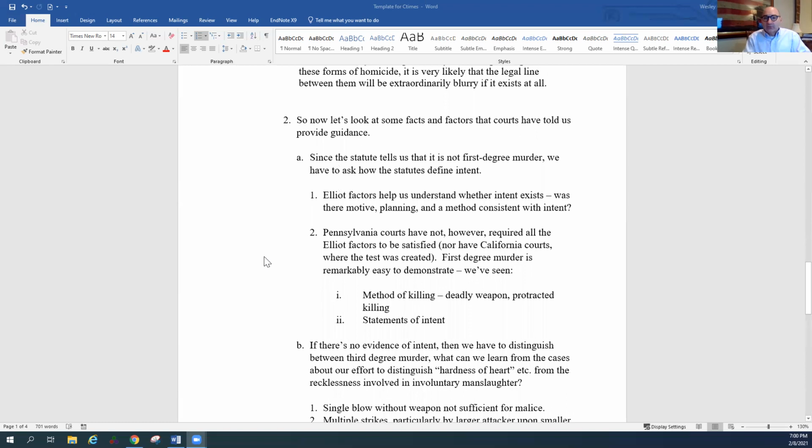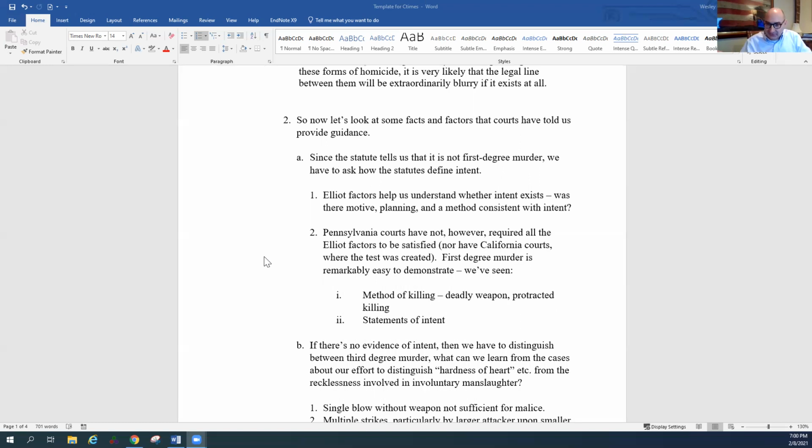So when we look at the cases we've looked at that help us understand this, would first relate to first-degree murder, because we know it has to be something that doesn't arrive at the level of first-degree murder. So what exactly is first-degree murder? It's intent. How is intent defined?